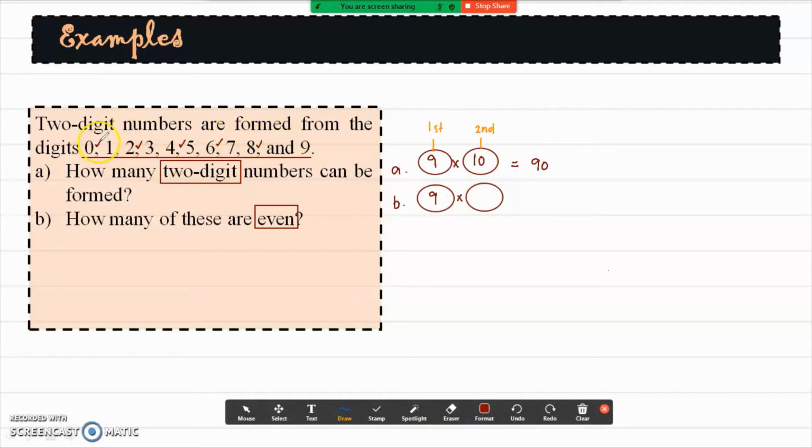We have 5 options because there are 5 even numbers out of our given digits. So our options for the second digit will be 5. Multiplying 9 times 5 gives us 45. So to answer question B, 45 of these numbers are even.